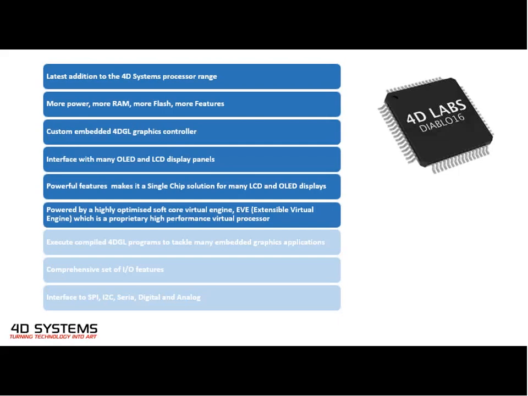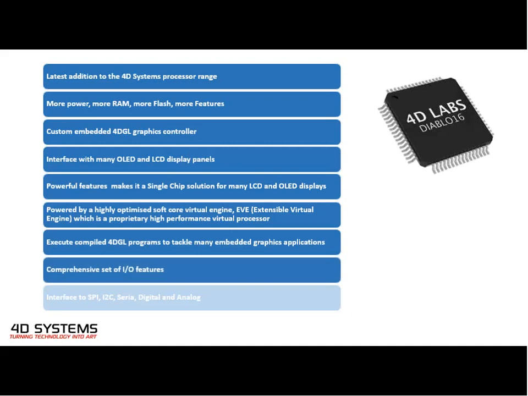It's actually proprietary to 4D Systems, and it's a high-performance virtual processor. It can execute compiled programs to tackle many embedded graphics applications, and it has a comprehensive set of I/O features. It also has interfaces for SPI, I2C, serial, digital, and analog.